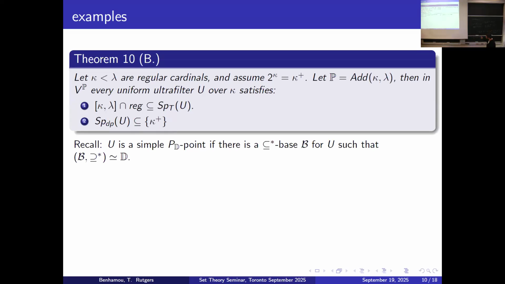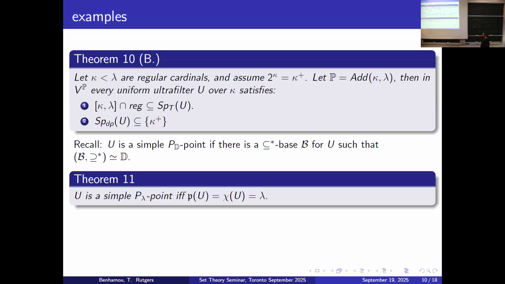Okay, so let's recall: U is a simple P_D point if there is a ⊆*-base B for U which looks like D, where D is any directed set. We fix a directed set, and this is what we define to be a P_D point.